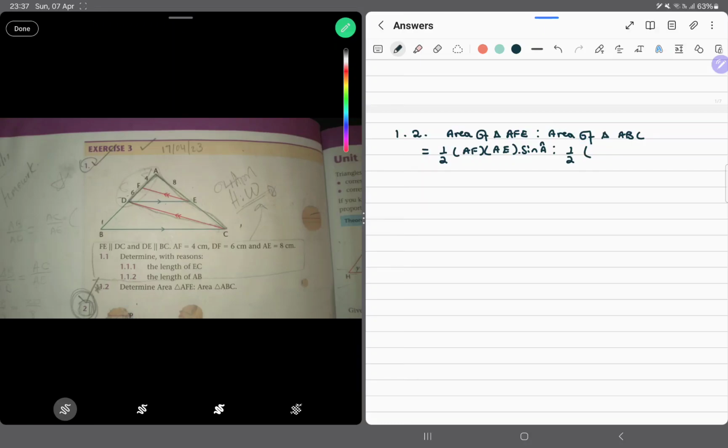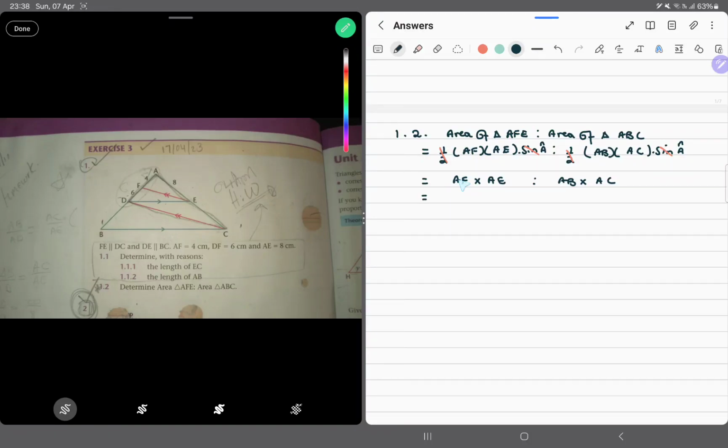This is half, again, AB times AC, and the sine of the included angle A. Since this means division, I can already eliminate half and half, sine A and sine A. So this is basically equal to AF multiplied by AE divided by AB multiplied by AC.